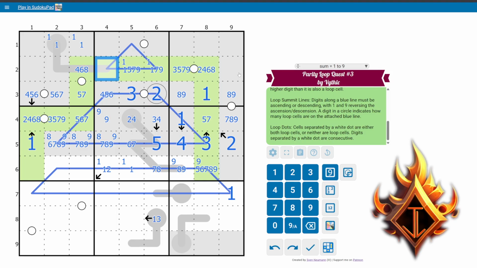This is odd also. And it's also higher than 4, 5, 7. Oh, that is even, because it's on the loop.